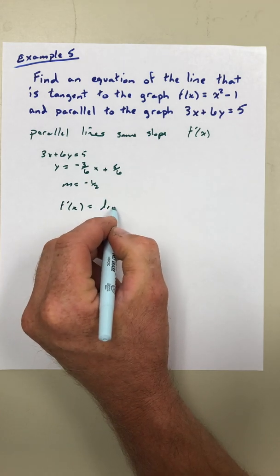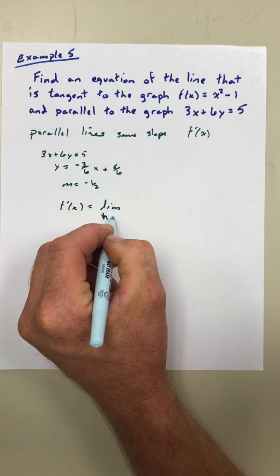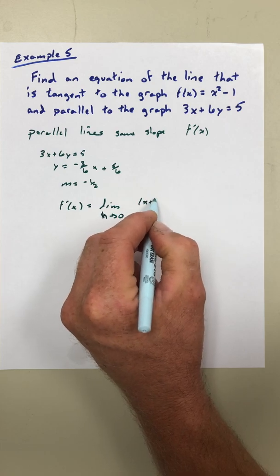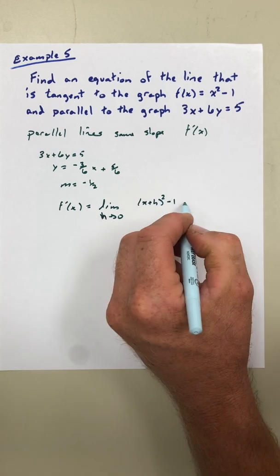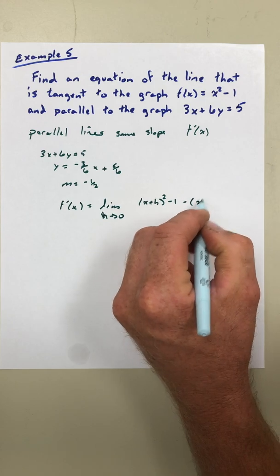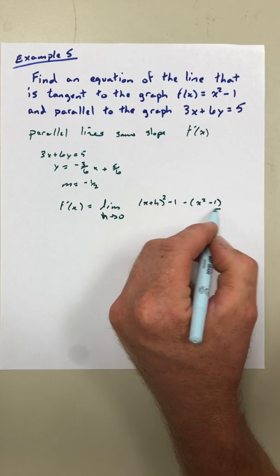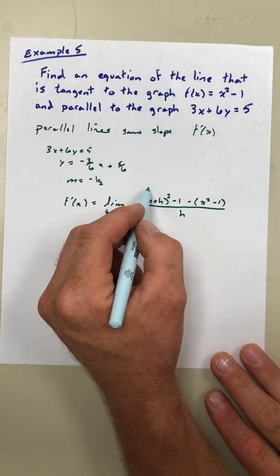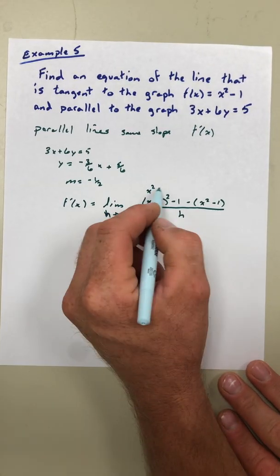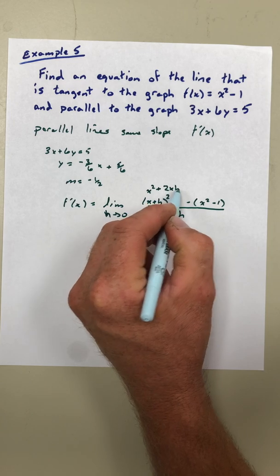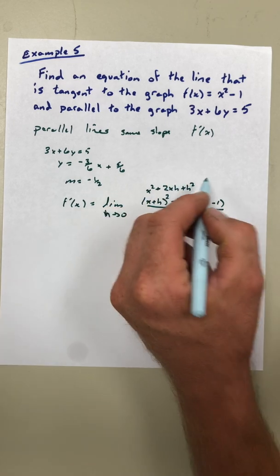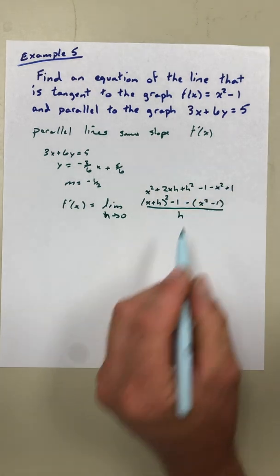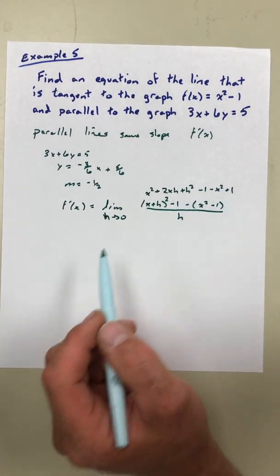that is taking the limit as h approaches 0 of f of x plus h, so x plus h squared minus 1. From that, I'm going to subtract the original function, x squared minus 1, and I'm going to divide by h. Multiplying this out, I get x squared plus 2xh plus h squared minus 1 minus x squared plus 1. That's all multiplied out, distributed out.